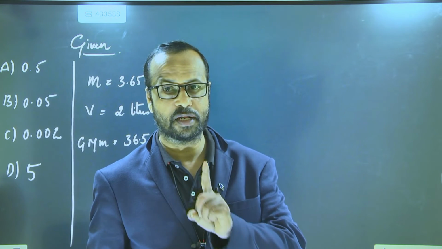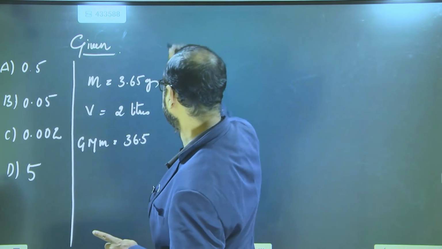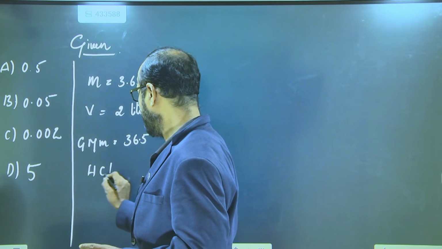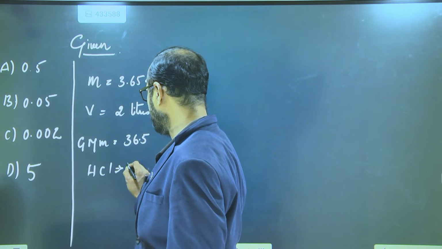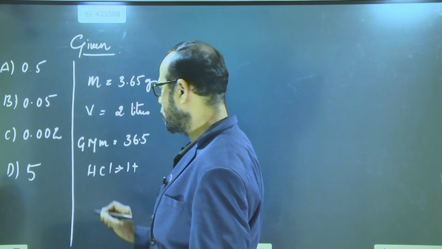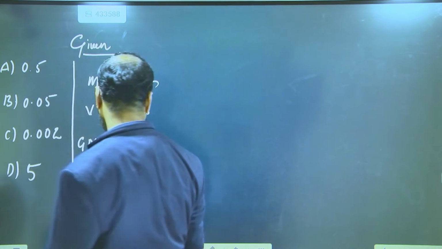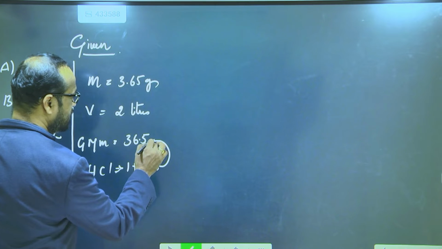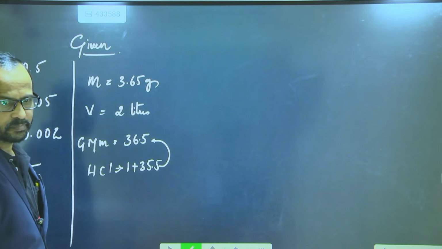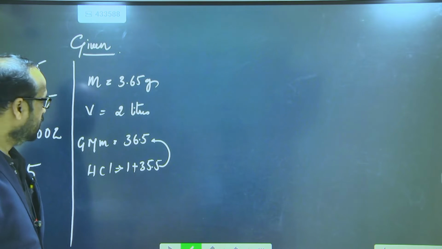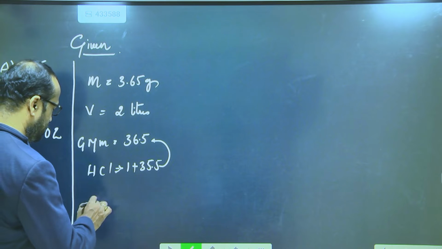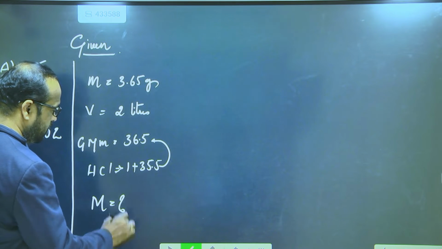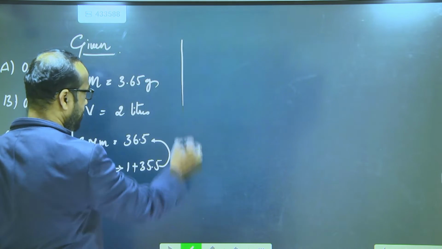Hydrochloric acid is HCl, with only 1 hydrogen, so its mass is 1, plus only 1 chlorine, whose mass is 35.5. So that is equal to 36.5, that's all. Now we are asked to find the molarity. So what's the formula?